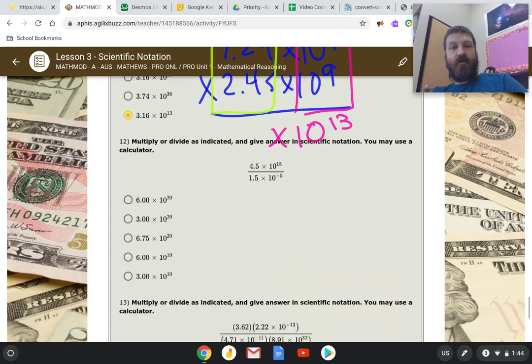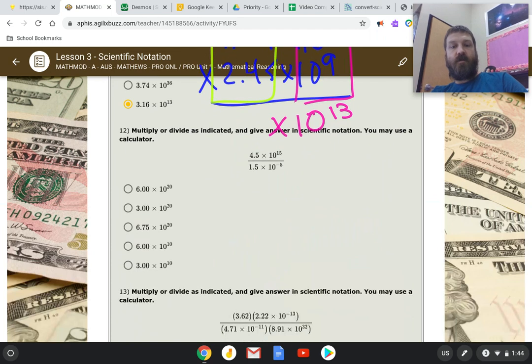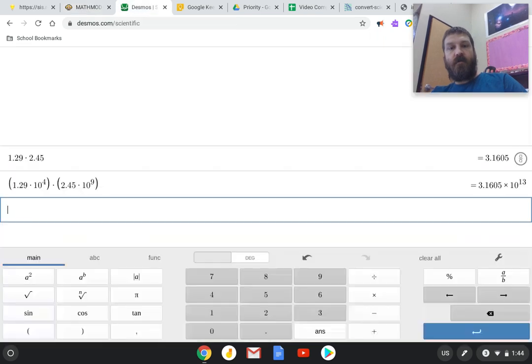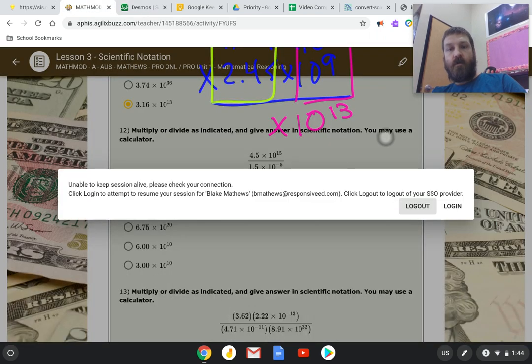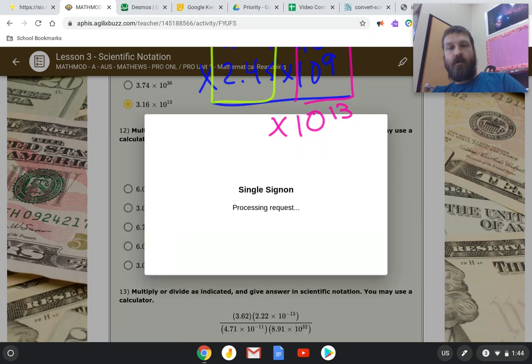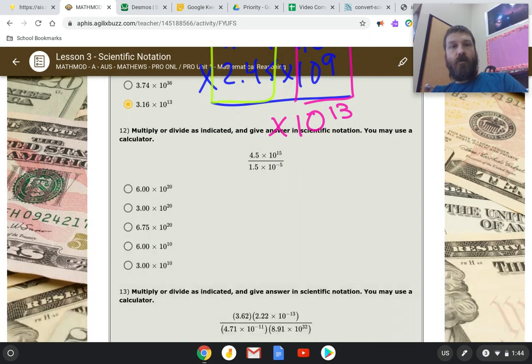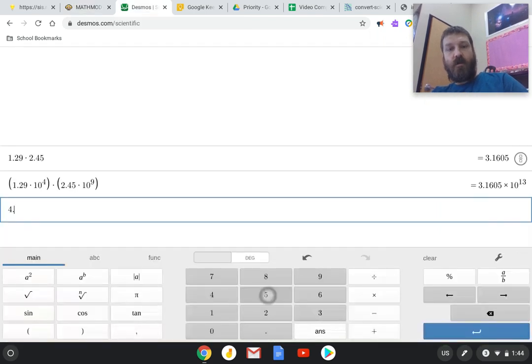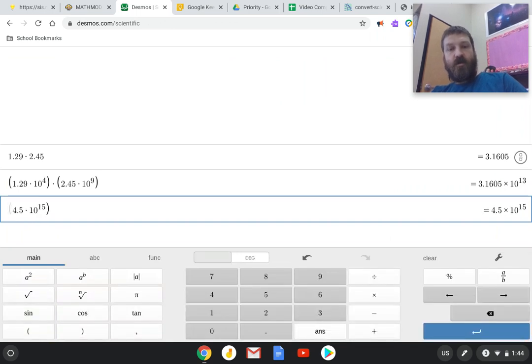You can do that with the rest of these. This one's going to be division. You can type this entire expression into your calculator on Desmos, and it'll work it out. Let me show you what I mean. 4.5 times 10 to the 15th. Raised to the 15th. Put a parentheses there.